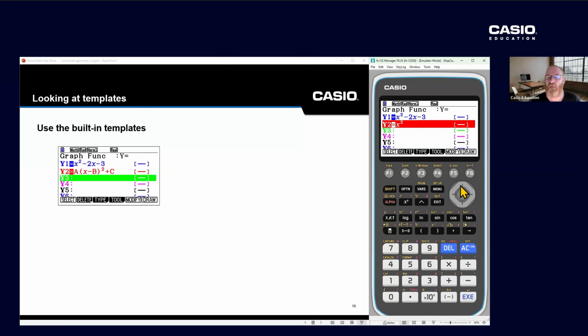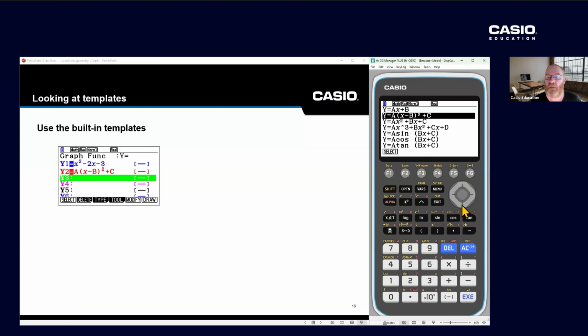So if I scroll up to Y2 and then choose Tool and Built-in, you can see here there are built-ins available for linear. You've got completed square format and rectangular. You've also got a cubic and 3 trig functions that have got transformations as well.